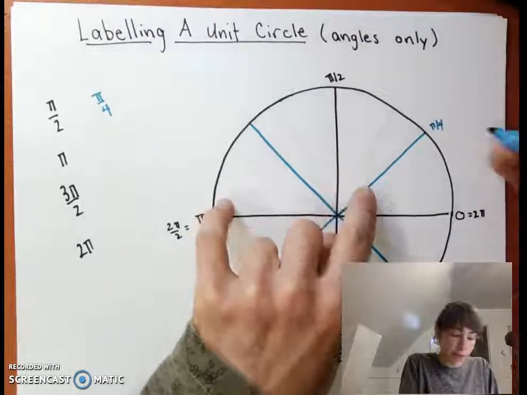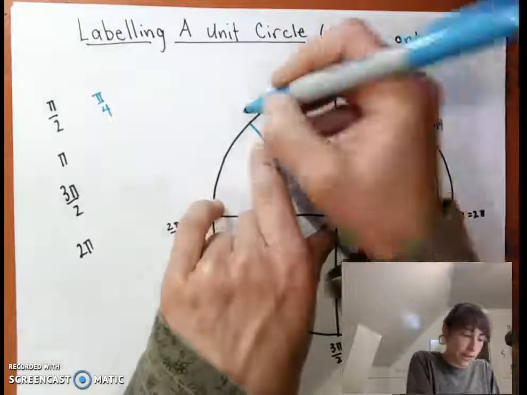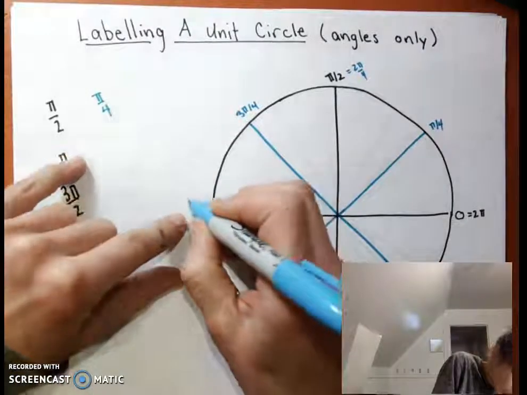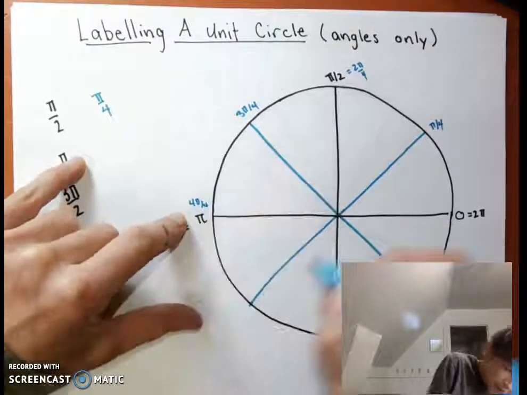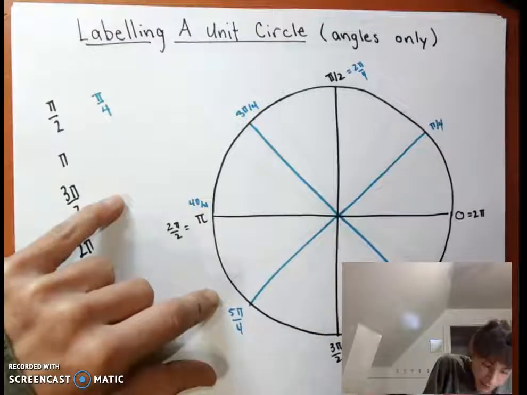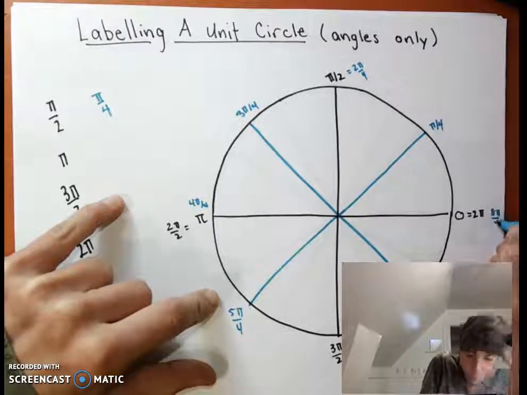So I have 1 pi over 4, 2 pi over 4, 3 pi over 4, 4 pi over 4, 5 pi over 4, 6 pi over 4, 7 pi over 4, and 8 pi over 4.